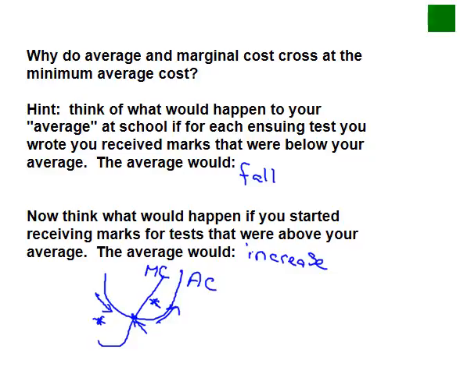But if we're dealing over here, where marginal costs are above the average cost, your average is going to increase. If, of course, you are at where marginal costs equal average cost, it's going to have no effect. It won't bring down your average or bring it up. It will be in equilibrium.